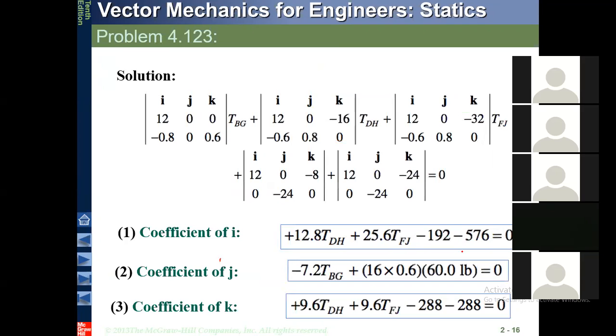So for components in the x direction, you would have this equation, and you would have something for j, and something for k.